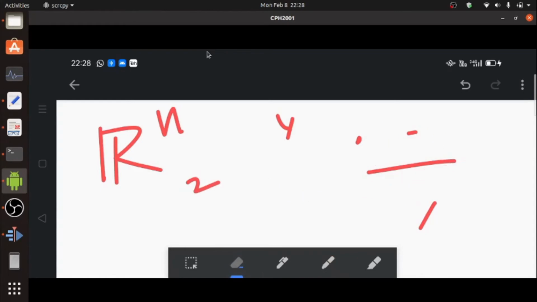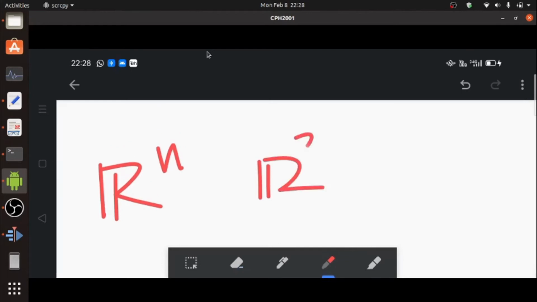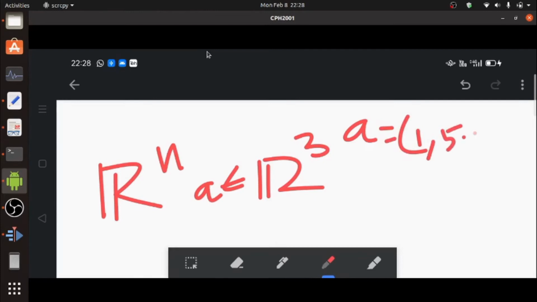Now what if we have R3? It is a list of three numbers. If A belongs to R3, A could be (1, 5.5, 2). This is what is defined by A.